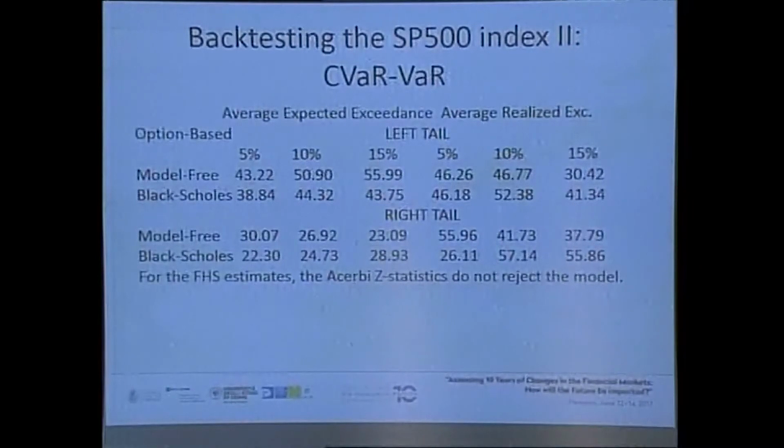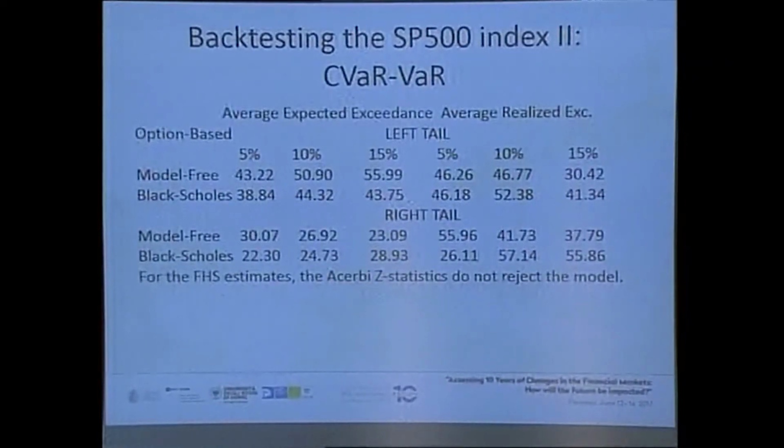About the filter historical simulation estimates, there is no statistical test by itself. It's not elicitable, as has been shown in JASA and in other publications. So what we do is the closest thing to a test, which is Acerbi's Z statistics, which, if you're not familiar with it, will be correct if you got the correct value at risk model, and then you look at the exceedances over the correct value at risk.